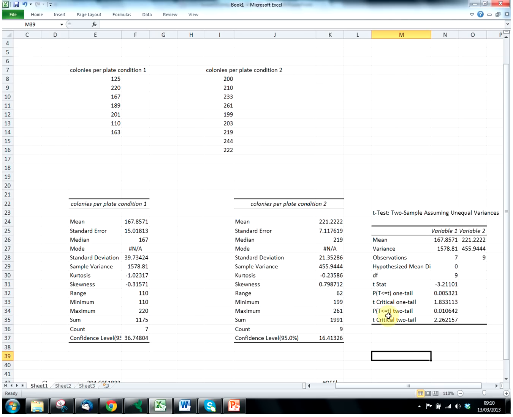Two-tailed means when we say there is no difference, and in the alternative hypothesis there is a difference. This is basically what a two-tailed test says. And the probability for this to happen is 0.01. It's this number here. So what does this actually mean?